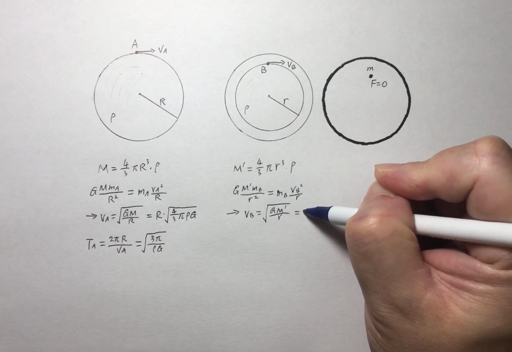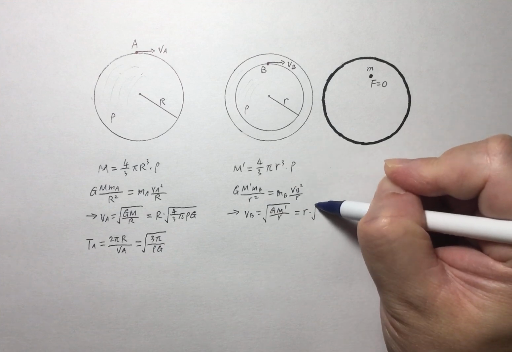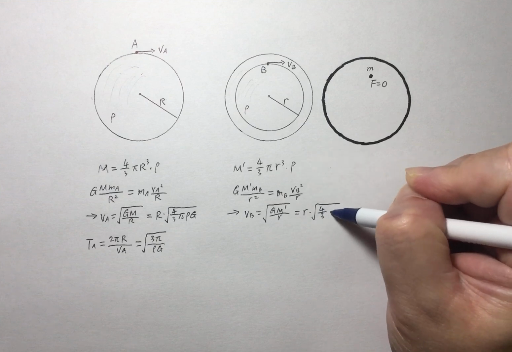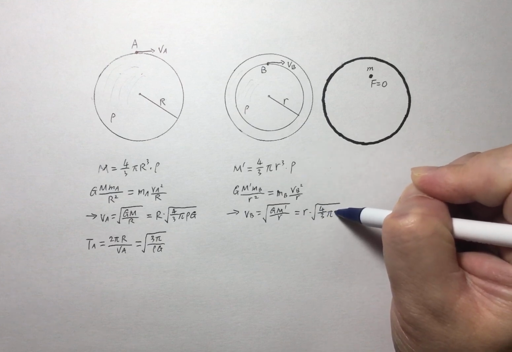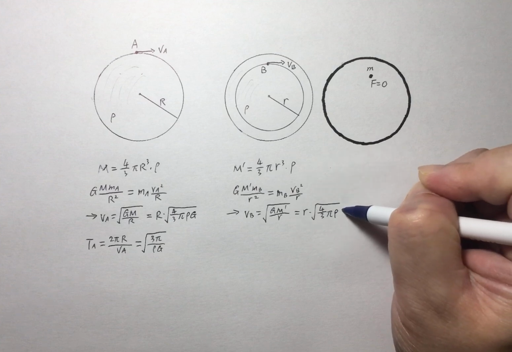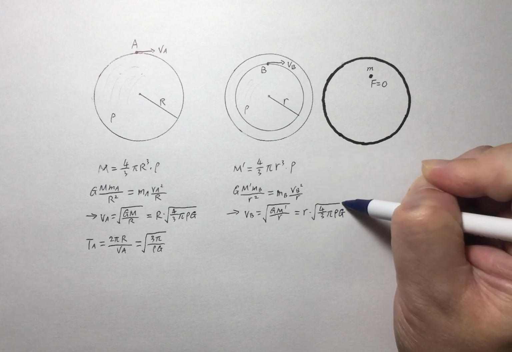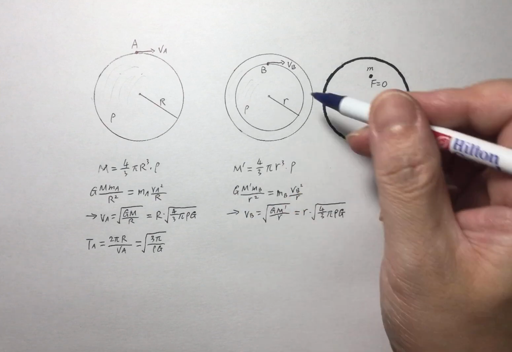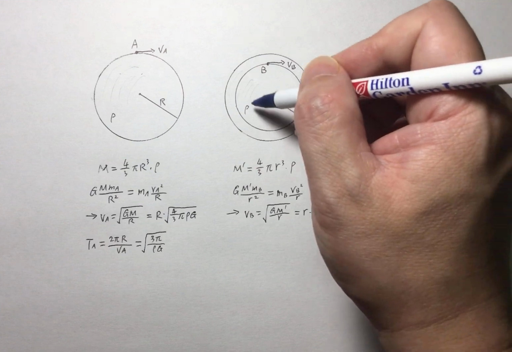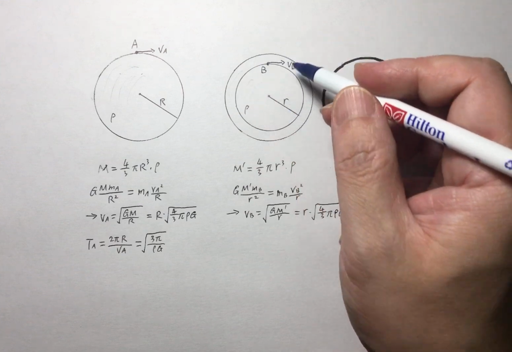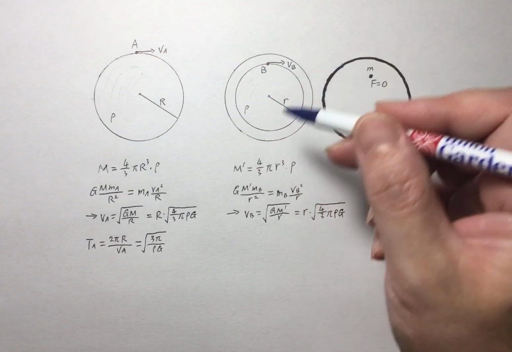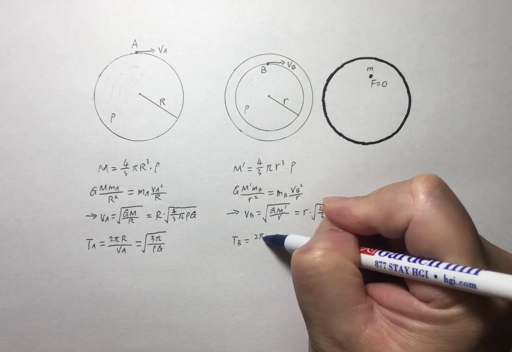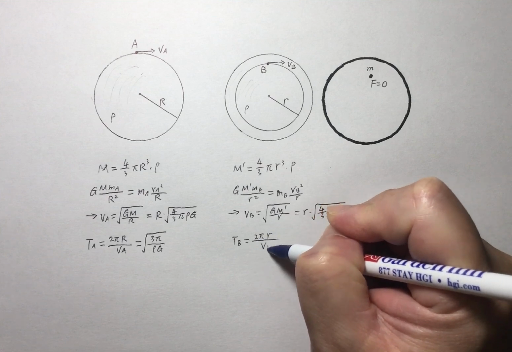Eventually we calculate this to be lowercase r times the square root of 4/3 pi rho G. And the orbiting period of satellite B, Tb, is 2 pi lowercase r over Vb.